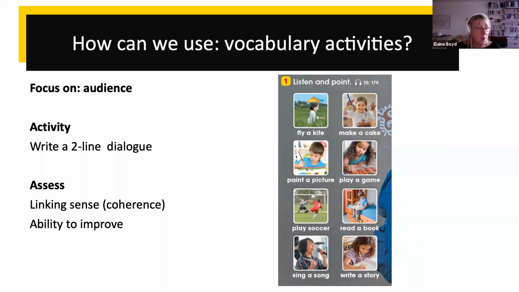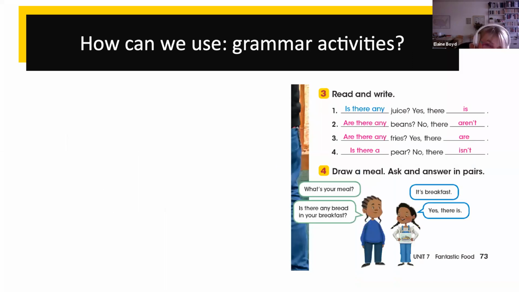That's if you've got quite a good class. You might simply want to assess them on their ability to improve. So you might ask them to do it, and then you might ask them to do it again and just say, yep, great. You've got grade A on your ability to improve. I'm so glad you've done it better, so that better is a good thing for them when it comes to writing.